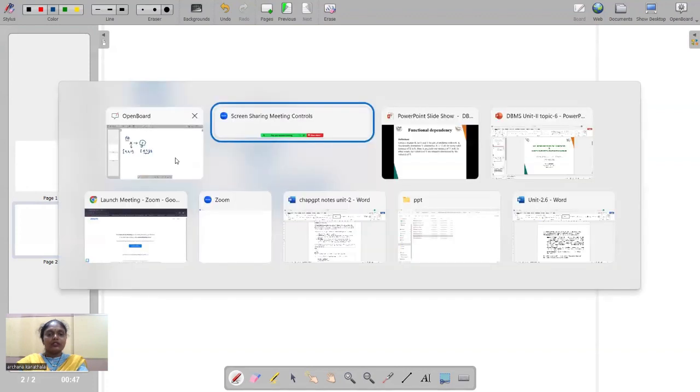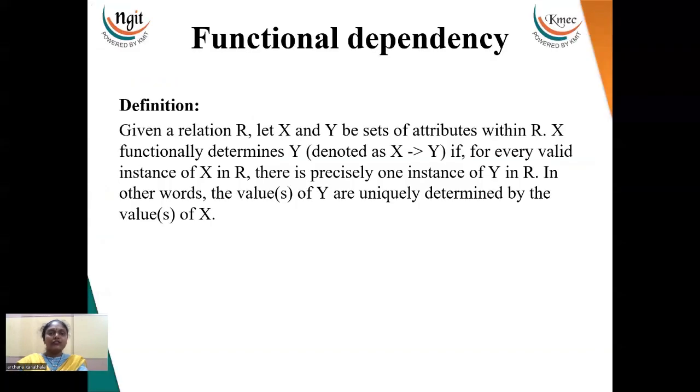So now, let us look at the actual definition of functional dependency. Given a relation R, so R is a table here.